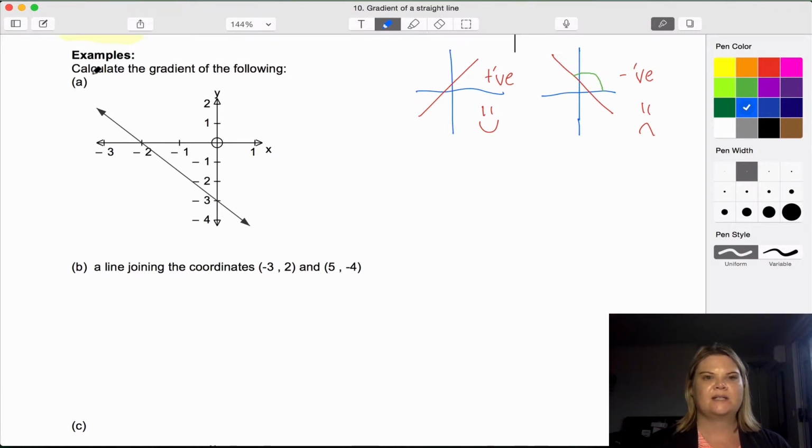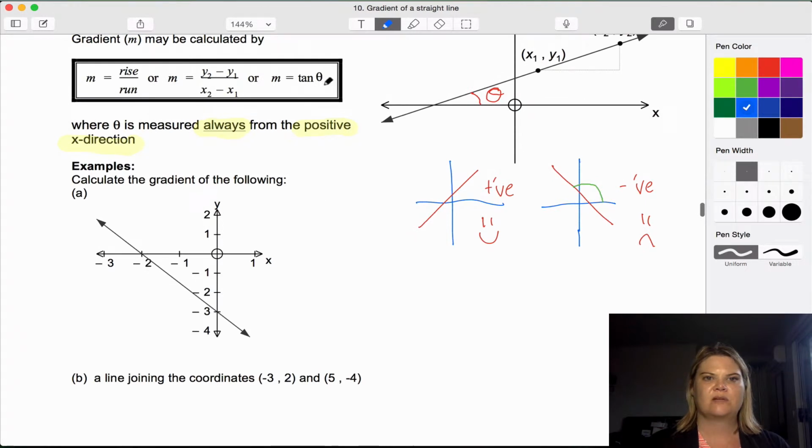Okay, question A says calculate the gradient of the following. Because we can use any of these 3 formulas, it will be called m, so I can start with that. Because I've got a nice neat little triangle here, I would be tempted to use rise over run.